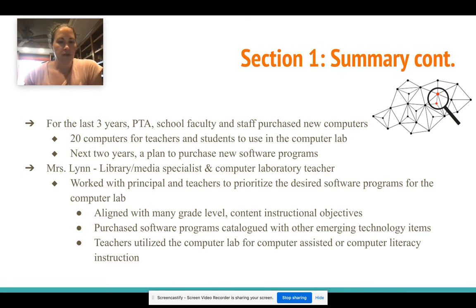We purchased software programs and cataloged with the emerging technology items that we already had, and teachers utilized the computer lab for computer assisted or computer literacy instruction. And there was a schedule developed by Mrs. Lynn to help teachers follow and to get into the computer lab on a consistent basis.